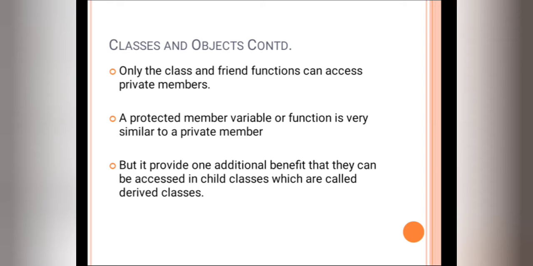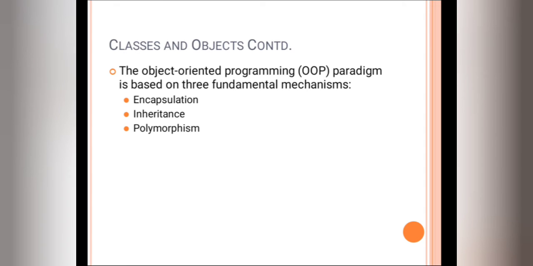We are saying that a private member can be accessed only by the class or friend functions that can be called by the class. Here, protected members can be accessed in child classes that are called derived classes. What are derived classes now? That we will see in the description next.